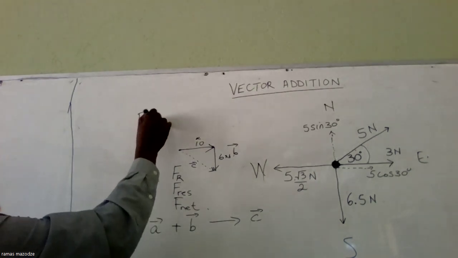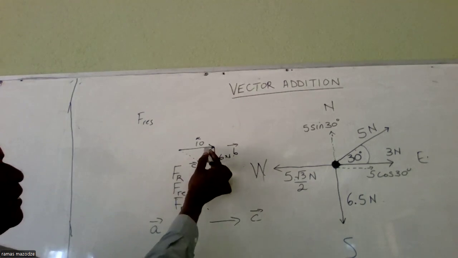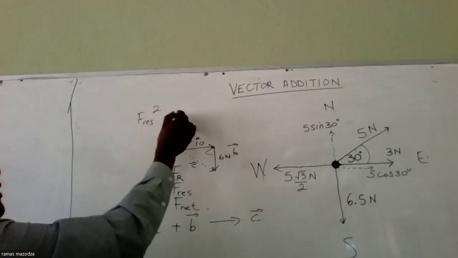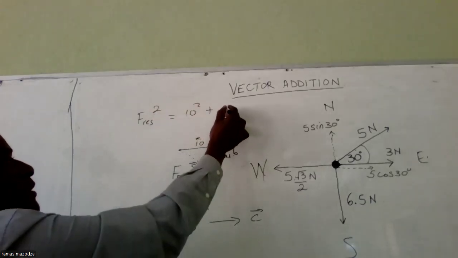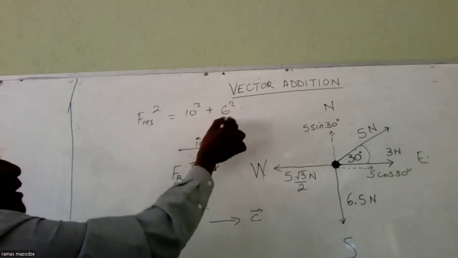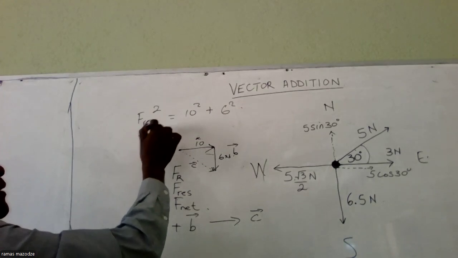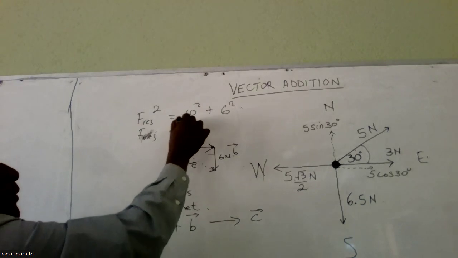F res, you see the hypotenuse there, F res or F net is opposite the 90 degrees, so we say F res squared equals 10 squared plus 6 squared. Get the sum there, then eventually get the square root. F res will be the square root of that.